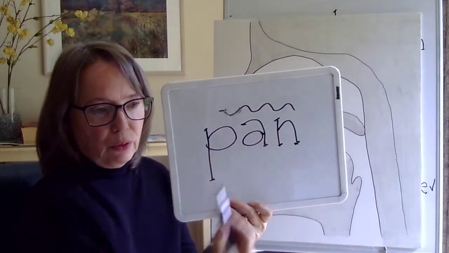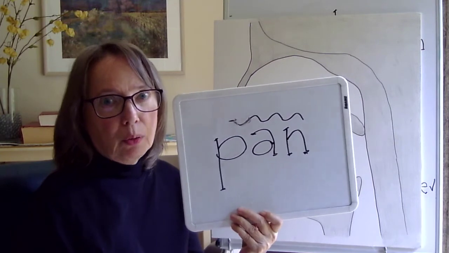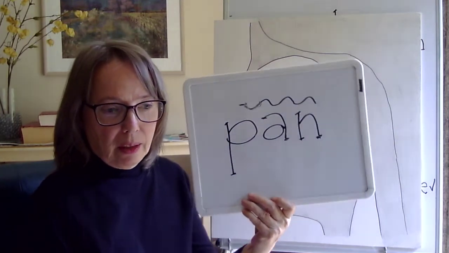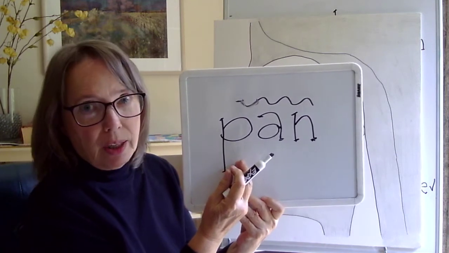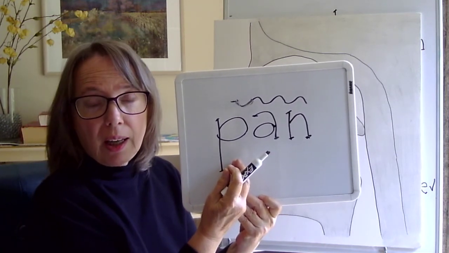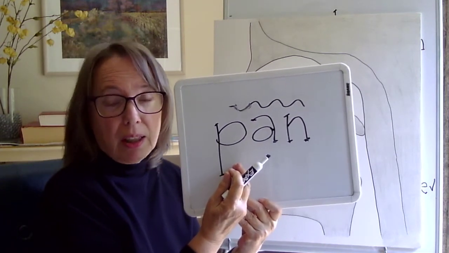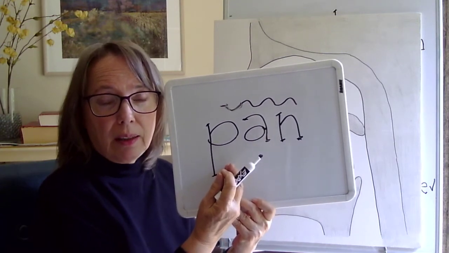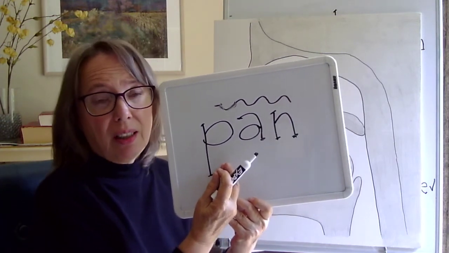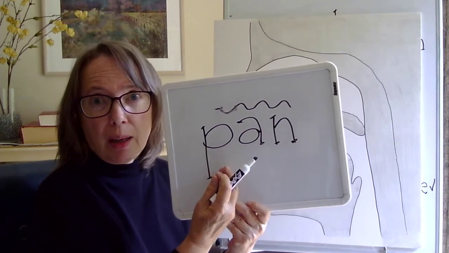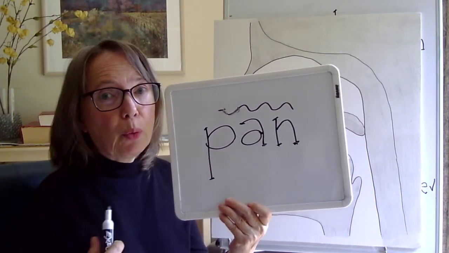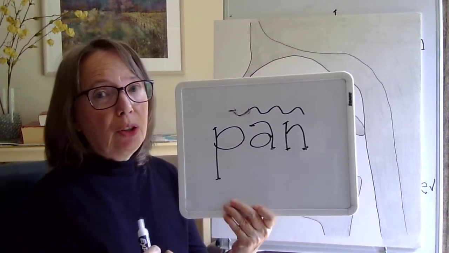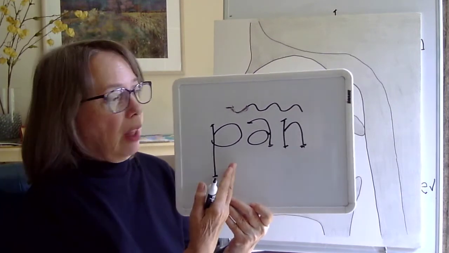If you begin the voicing too early, then this P will be voiced, sound voiced, and people will think it's a B. And from my experience, this is what happens. Many times English speakers will think you are starting the word with a B when you're really starting it with a voiceless P.